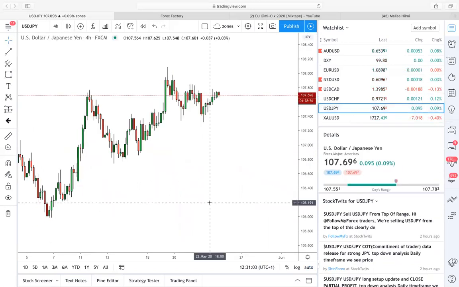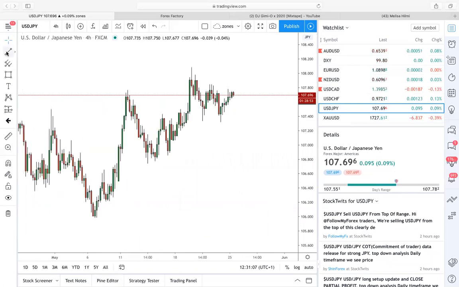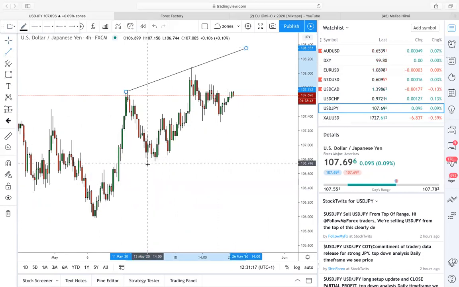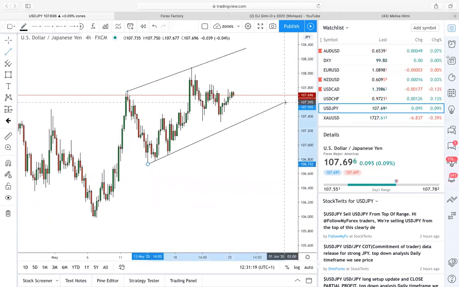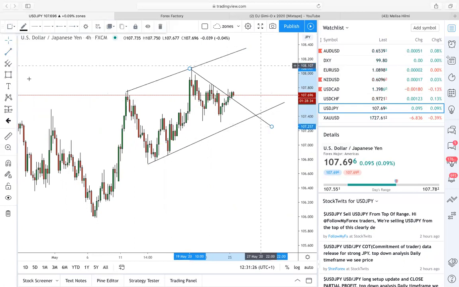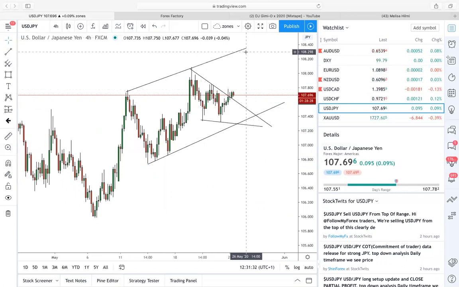Then we've got USDJPY. USDJPY has been an annoying pair this week. It just doesn't know what it wants to do. It keeps creating patterns and then not conforming to them. So we have this one right here. If we just put that there, we've got a massive flag going on. If we just look here as well, we've got this sort of wedge going on, which is just broken now.